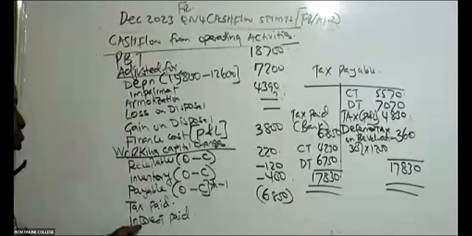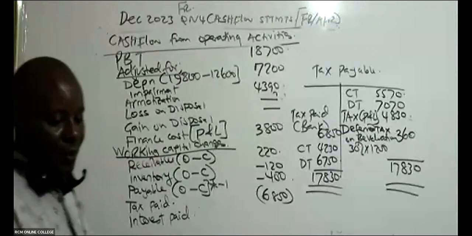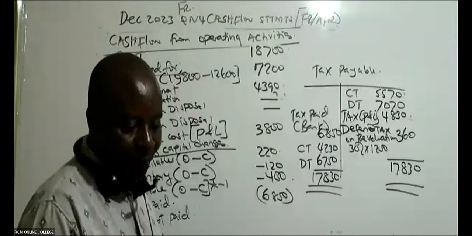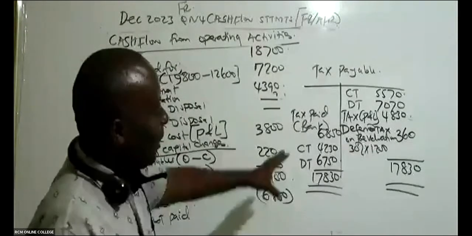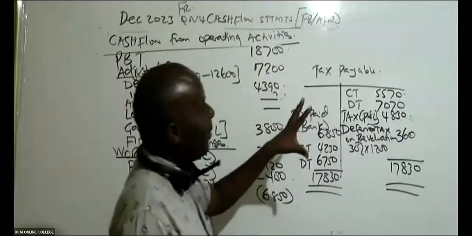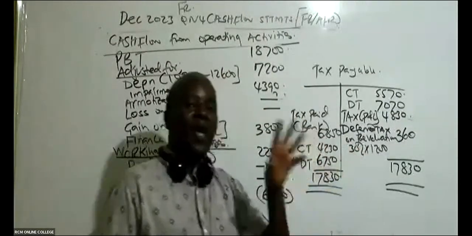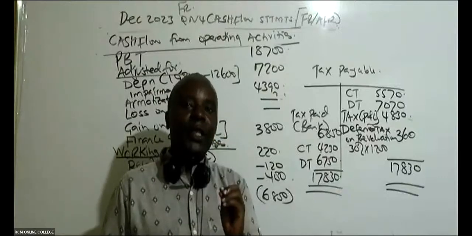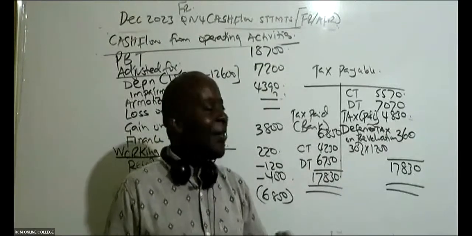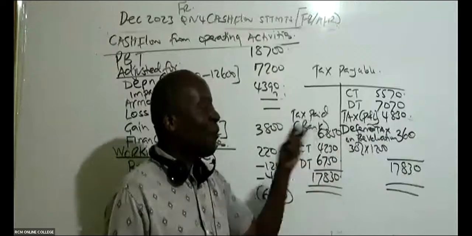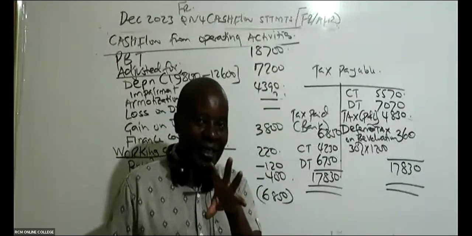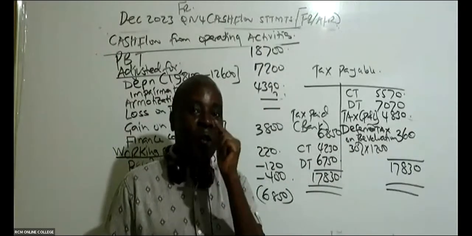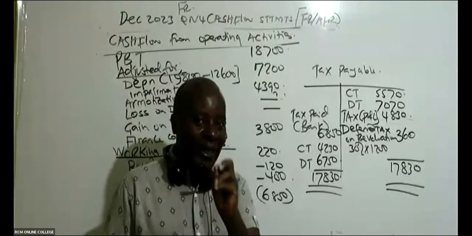And then you'll be able to go to the interest paid. For the number of years I've marked CASNEB exams and taught this CASNEB paper, ladies and gentlemen, very few students are able to, first of all, combine the two accounts. Whenever it comes to tax payable, you should be combining current tax and deferred tax.